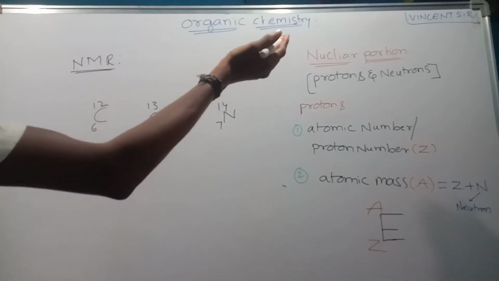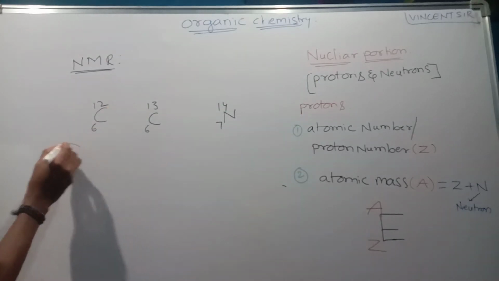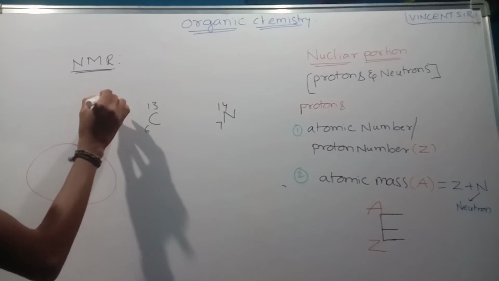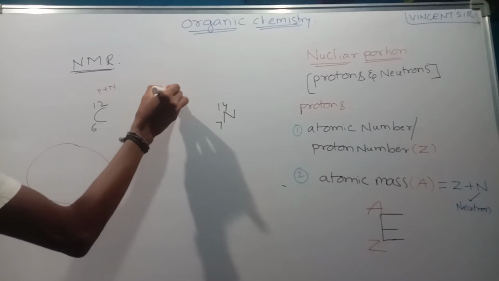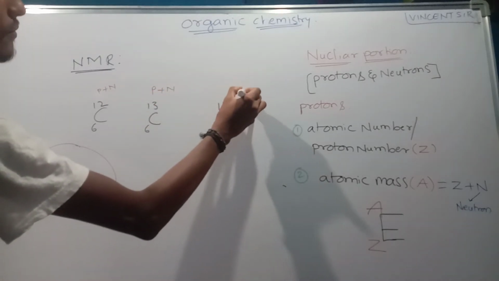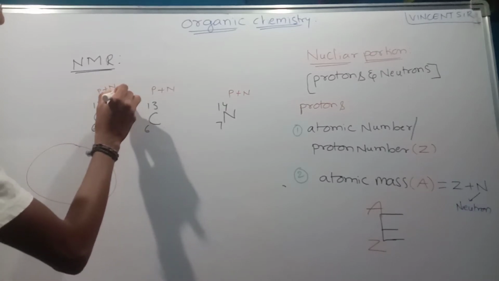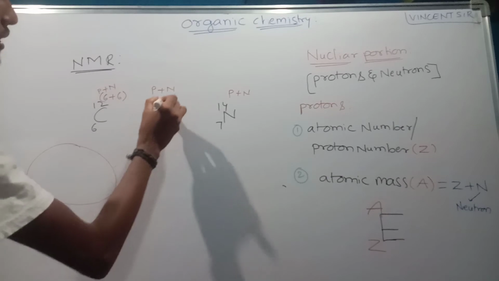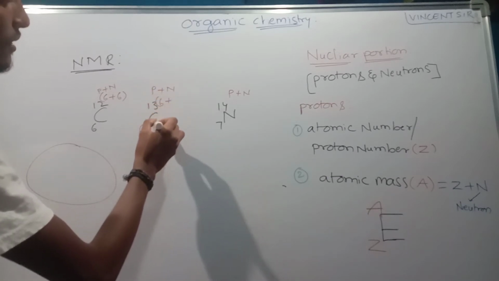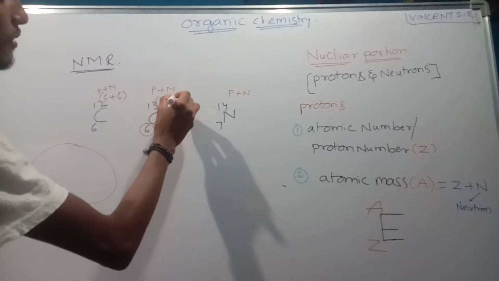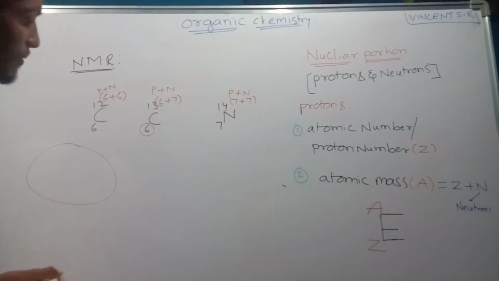Then what is the use of this nuclear portion, which has protons and neutrons? The number of protons is always 6 and the number of neutrons is 6. In the other, the number of protons is 6 and the number of neutrons is 6 plus 1, that is 7. And in the nitrogen, the number of protons is 7 and the number of neutrons is 7.